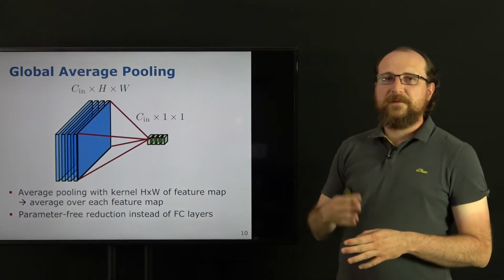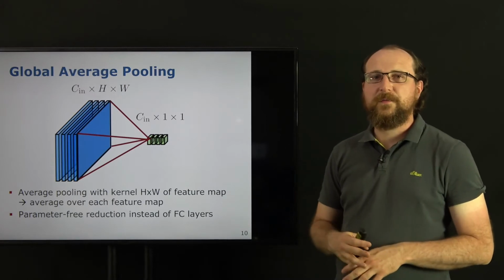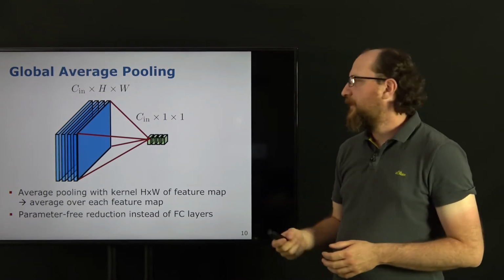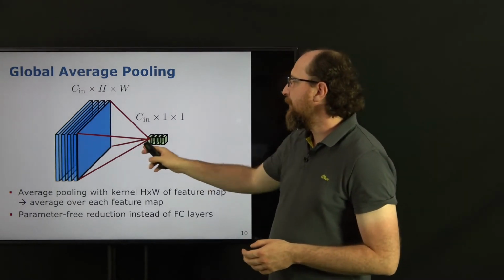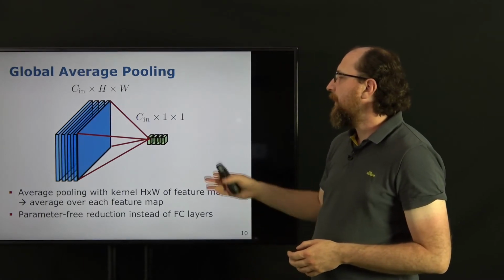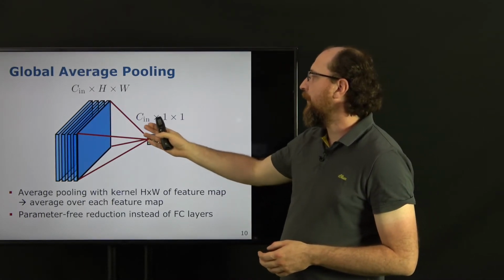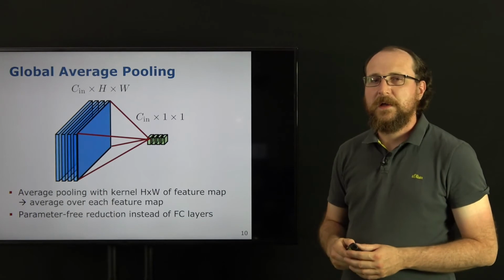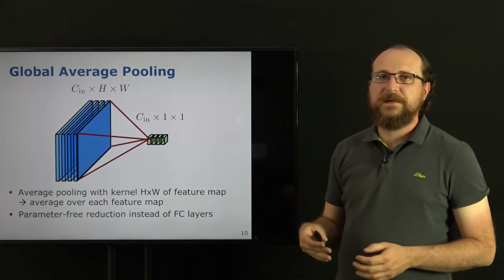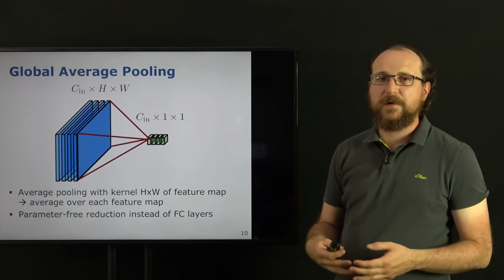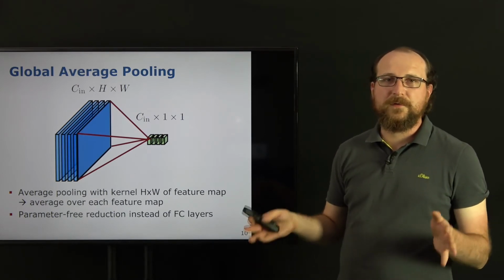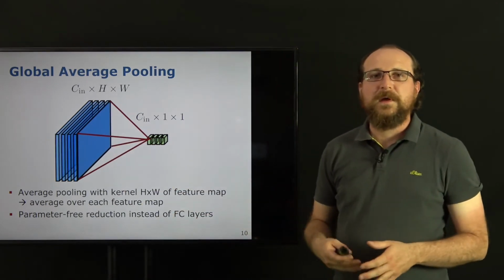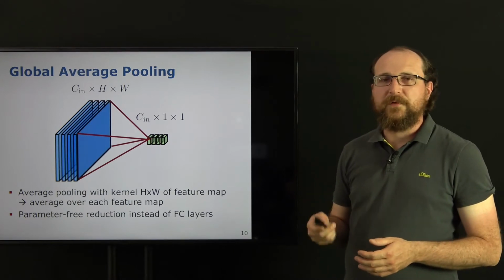The global average pooling is applied at the end of the network, where the feature map sizes are anyway something like 7 by 7. So it produces the average of 49 numbers, and then you get an output tensor of size Cn times 1 times 1, which is then put into a fully connected layer. And this removes the need for what was there before, where a fully connected layer reduced the feature map size to a specific number of output values in the end.